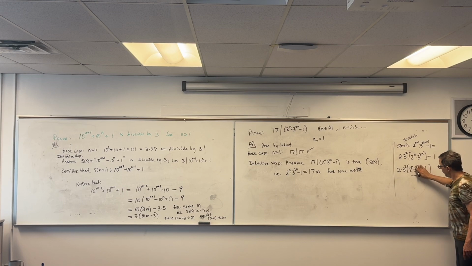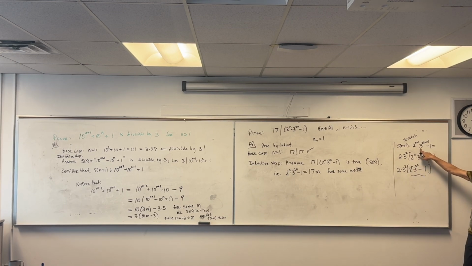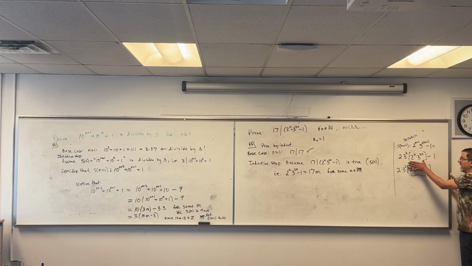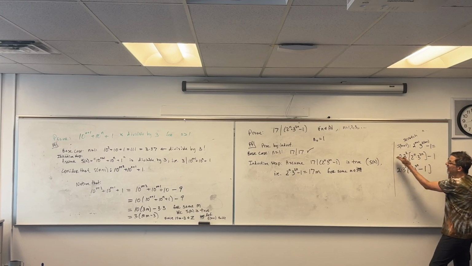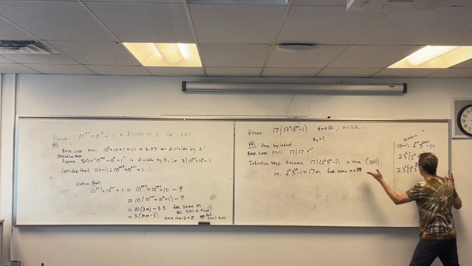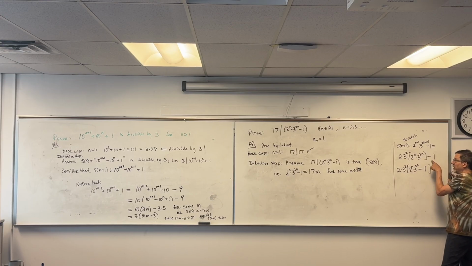So I put 3 to the 2. So I took this statement, I factored out a 2 times 3 squared from here, and now I've got this. But this isn't the same as the thing that I had. Right now, since I put that -1 in there to make it look like my buddy that I know is divisible by 17, this is divisible by 17, but it's not what I started with.